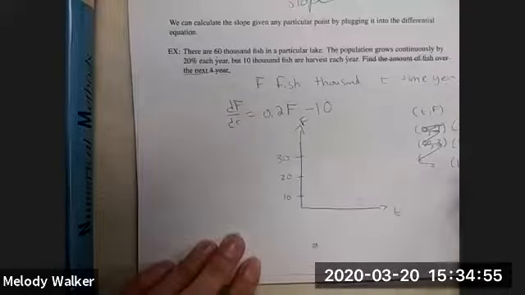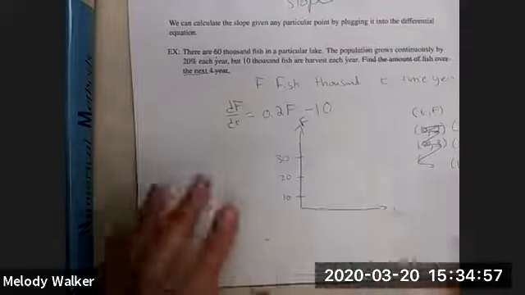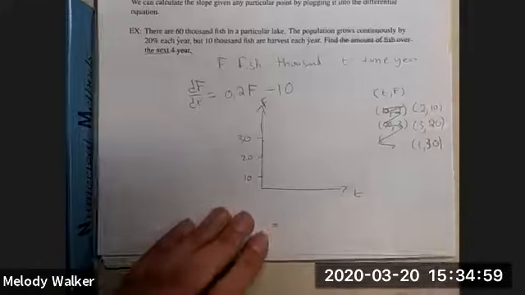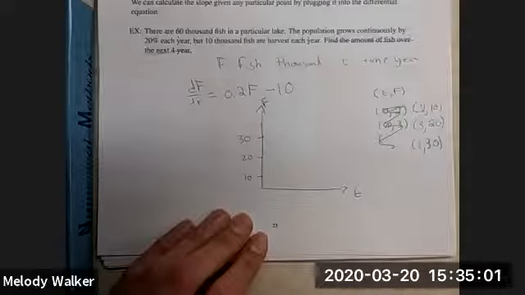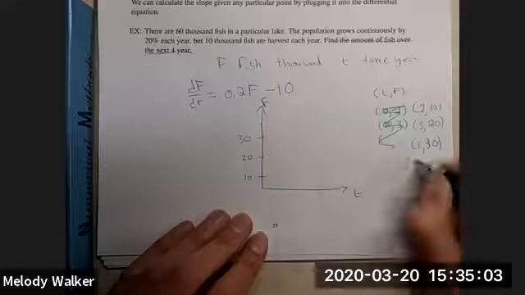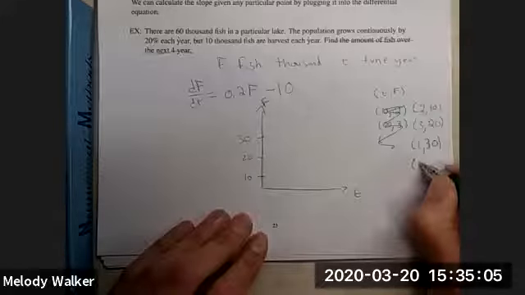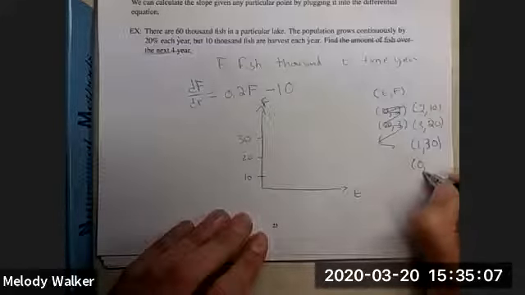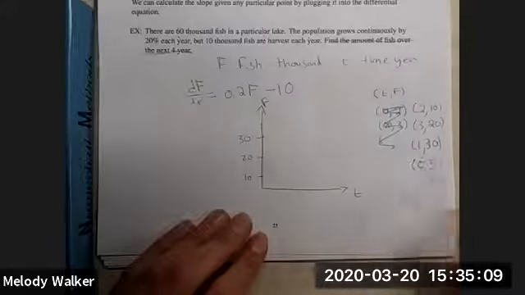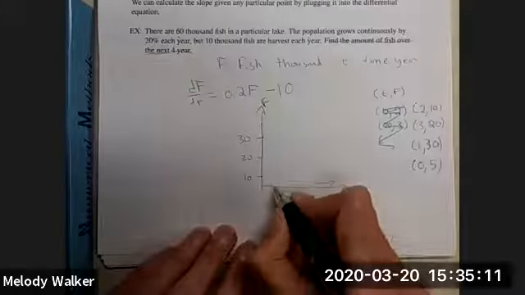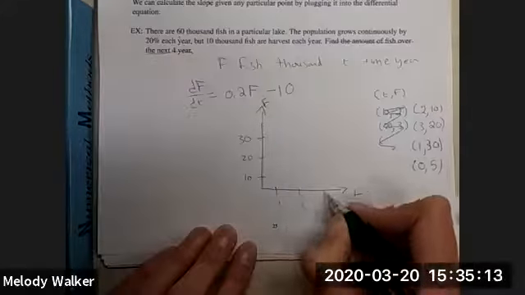So these are just points that I want to find the slope for. And also let's do time is 0 and 5.